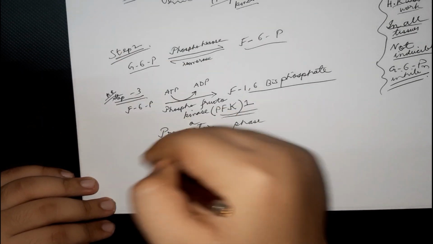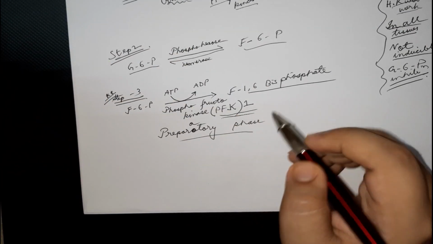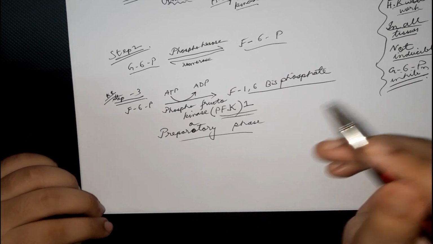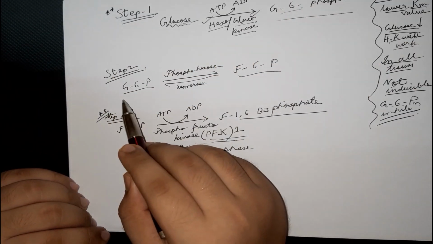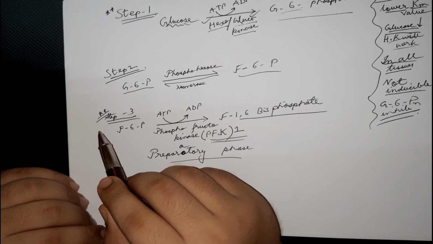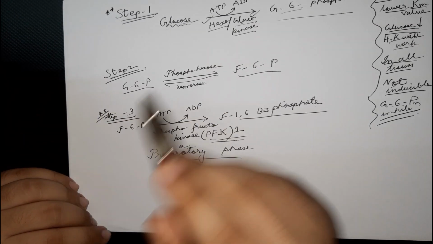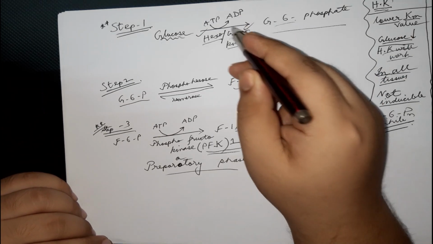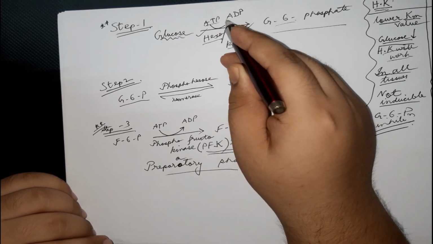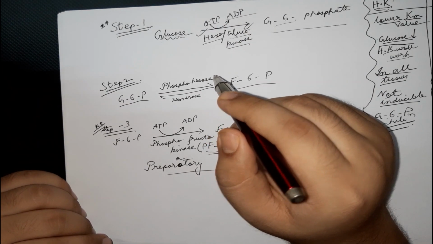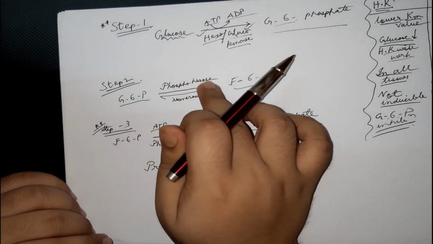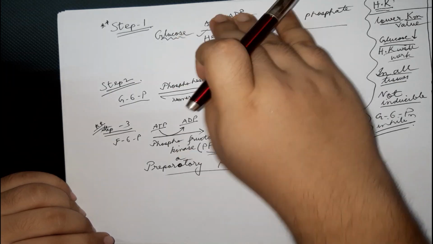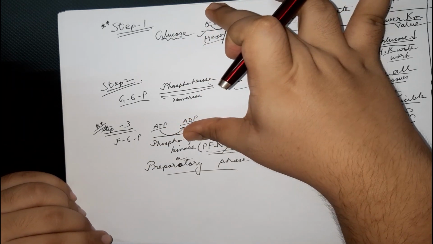These three steps together are known as the preparatory phase of glycolysis, and rightly so, because from step 1 to step 3 we are seeing that ATP is being used up. It is being used up, not in this step alone, but since this is in between these two steps, it is considered together as the preparatory phase.